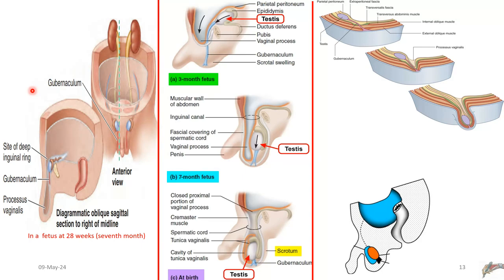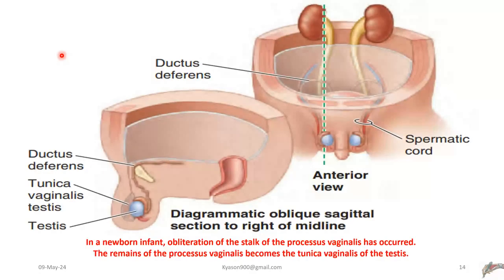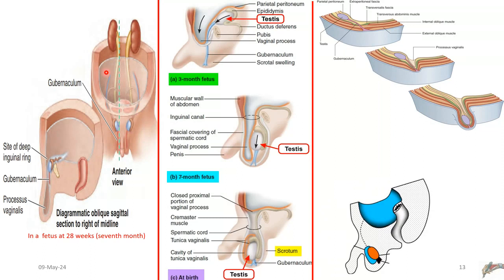We know that the testicles or the testes develop in the abdominal cavity, close to the posterior abdominal wall. Okay, actually close to your kidneys. So usually those testicles have to descend.